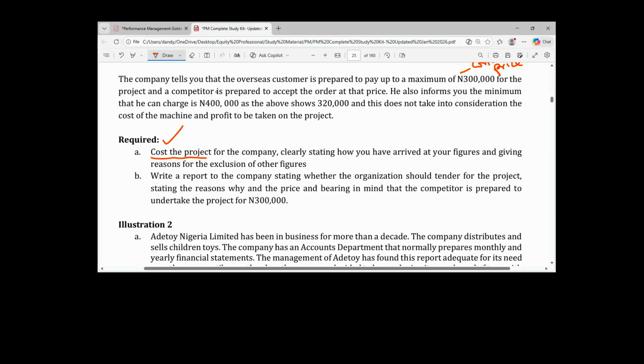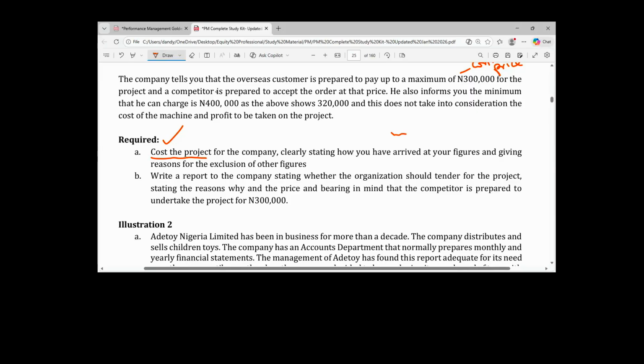In that same requirement A, the examiner is also asking you to clearly show how you have arrived at your figures and give reason for the exclusion of other figures. This simply means that the examiner wants you to state your assumptions. What are the underlying assumptions in your calculation? State it. I want to see it.